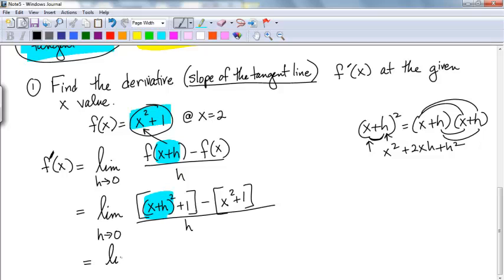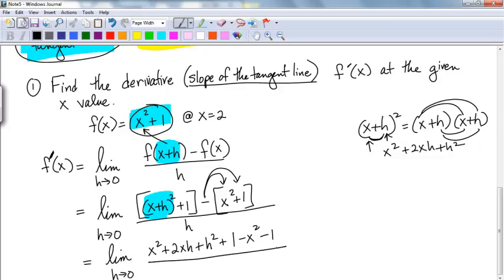Okay, so simplify. This would give us x squared plus 2xh plus h squared, then I still have this plus 1. Okay. Now this minus is going to change this sign, so it's going to be minus x squared and minus 1. And it's all over h.